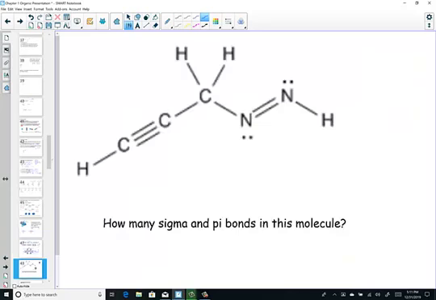So for example, if we'd like to know how many sigma bonds and how many pi bonds there are in this molecule, let's begin counting as follows. All single bonds are sigma. I count 6 single bonds.